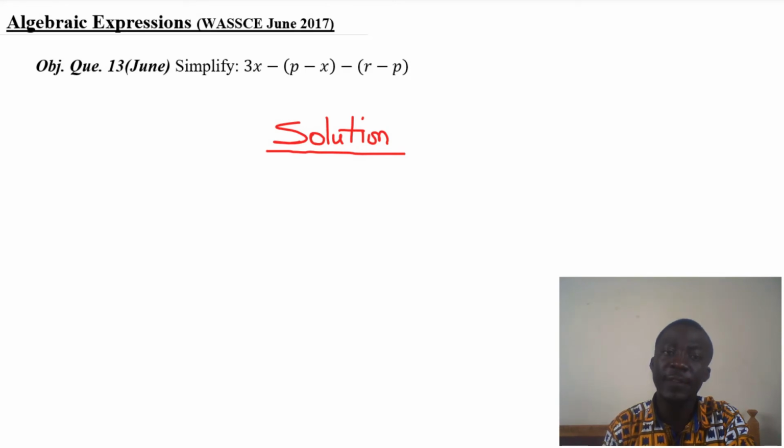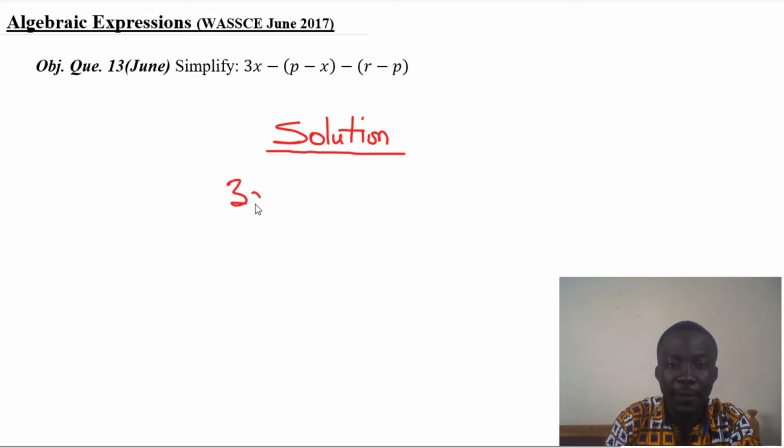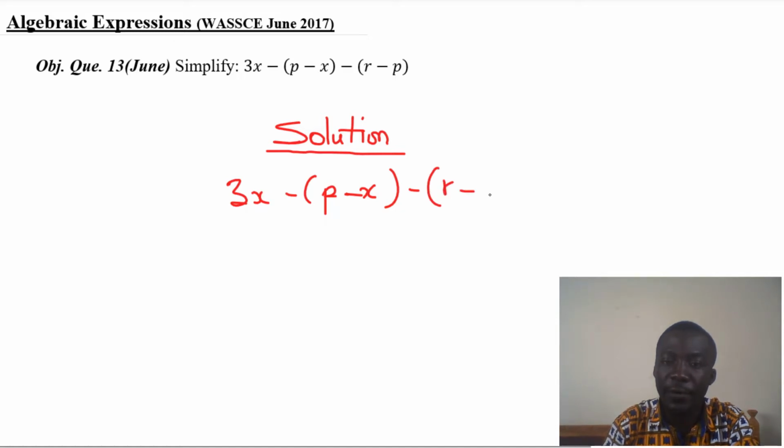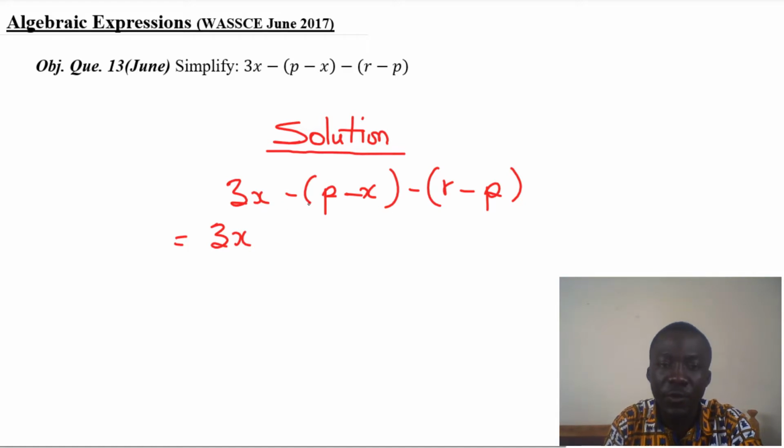In objective question 13 June, we are to simplify 3x minus into bracket p minus x minus into bracket r minus p. This is the expression we have been given. What we are going to do is expand the bracket using these two negatives we have.